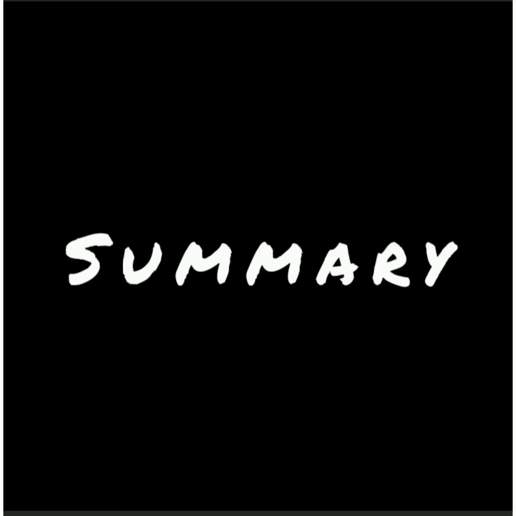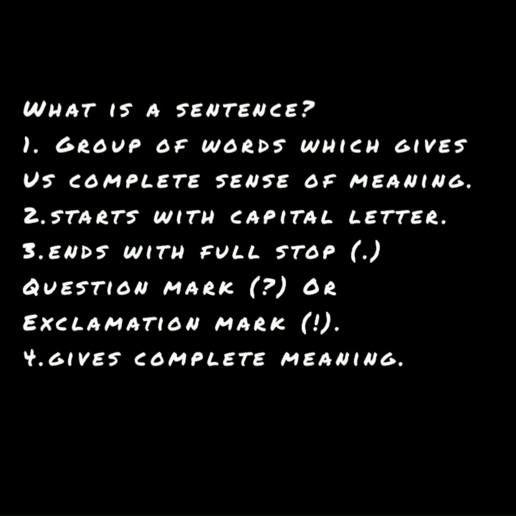Dear children, before I end this session, let me summarize what you have learnt. Okay, what did we learn? What is a sentence? A sentence is a group of words which gives us a complete sense of meaning. It starts with a capital letter.